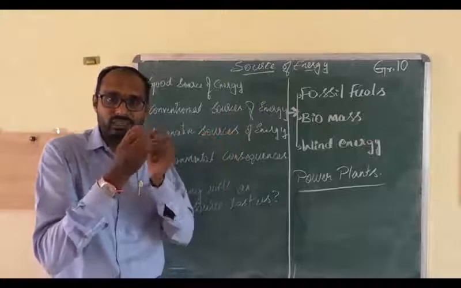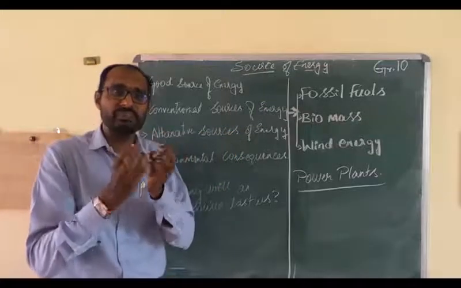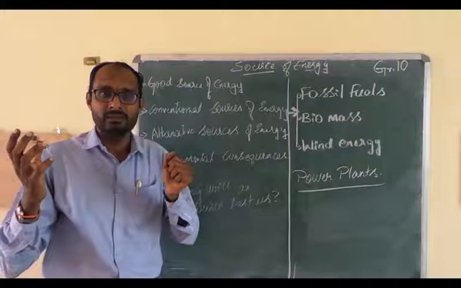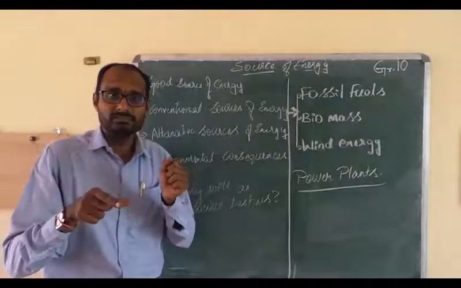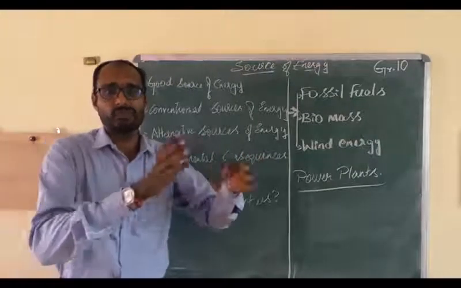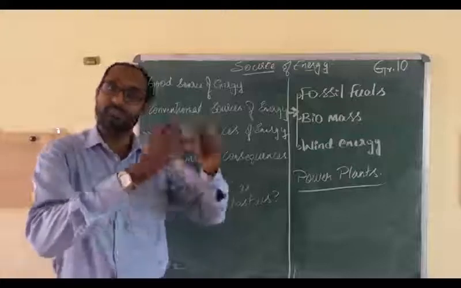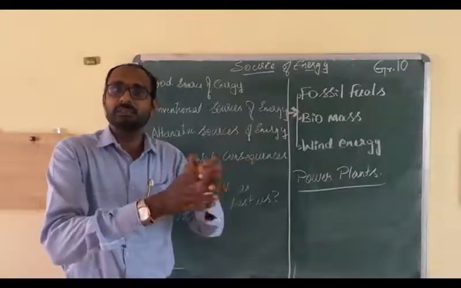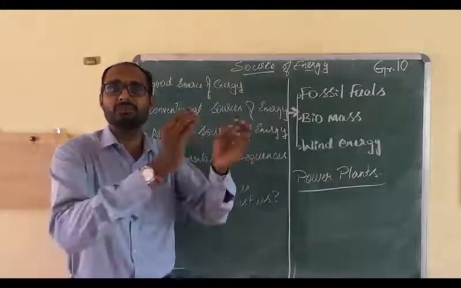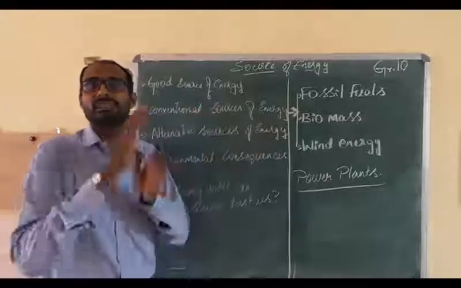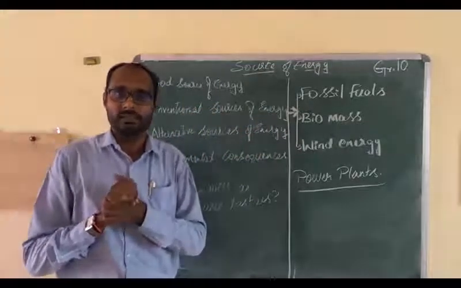They break into their constituent small nuclei and give huge amount of energy. With that energy, again the process is the same. We boil the water, produce steam, feed the steam to a steam engine. The steam engine converts this heat energy into mechanical energy to rotate the shaft of the generator.